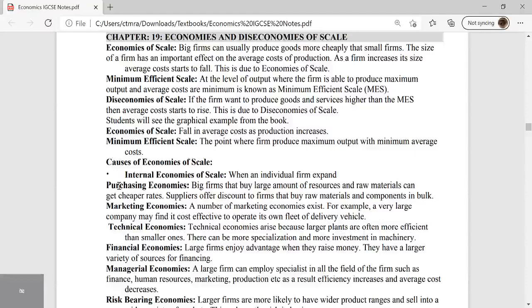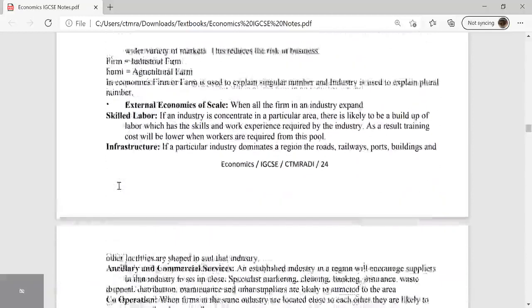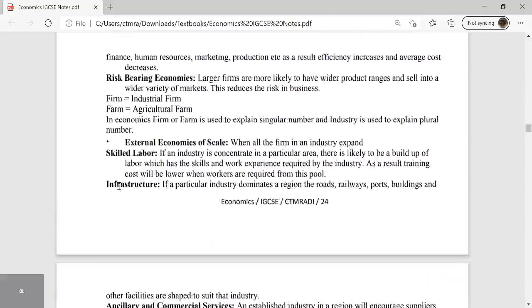So if you observe the curve of the average cost, it will look like this, like a U, right? Okay.